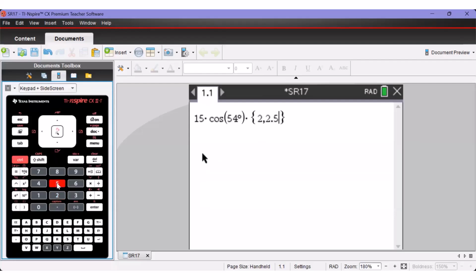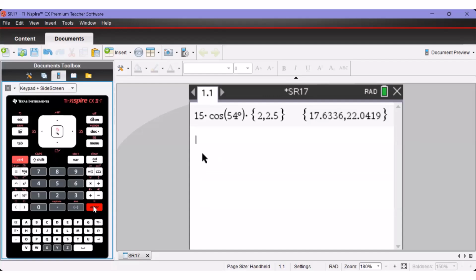And it's best for us to obtain decimal answers here. So to obtain our values for x at t equals 2 and t equals 2.5, we'll press Control Enter. Notice above the enter you've got an approximately equal symbol. And we obtain the values 17.63 and 22.04.